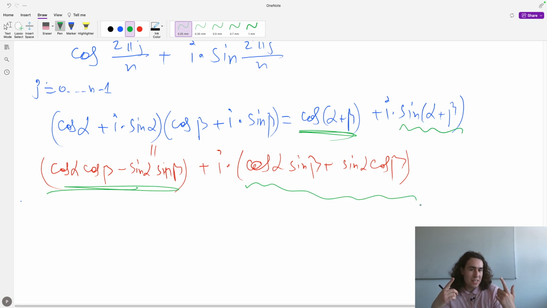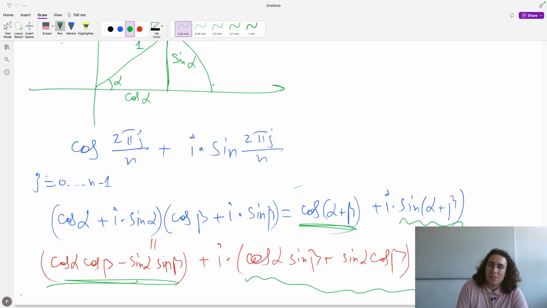So if you know complex numbers, you don't need to remember formulas for cosine and sine. Cosine of alpha plus beta is this, sine of alpha plus beta is this. We learned it by just looking at complex numbers. But that's not relevant to what we're talking about. We learned what kind of numbers we should use.